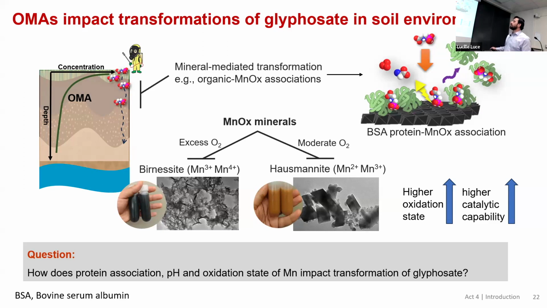Birnessite has more manganese 3 and 4, but the other has more manganese 2 and 3. That means lower average oxidation state, lower catalytic capability, or oxidative transformation for glyphosate.